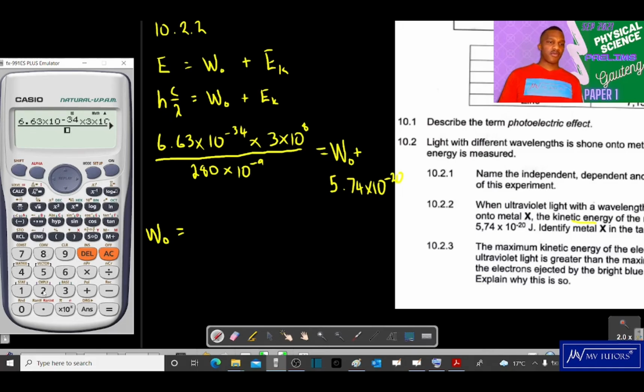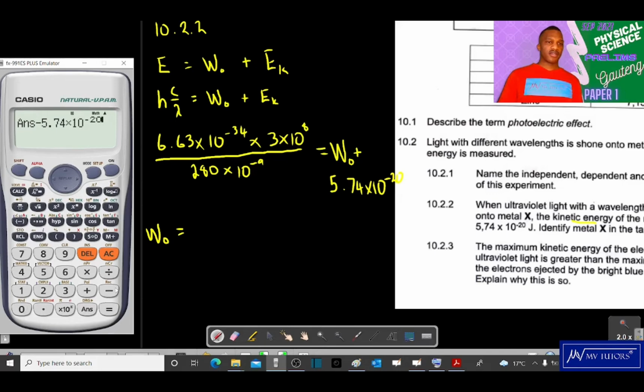This time I'm going to put the right thing. So there I'm gonna put 280 times 10 to the power negative 9. Okay, I think we're cool now. That's our answer. Minus 5.74 times 10 to the power. There's our negative 20.